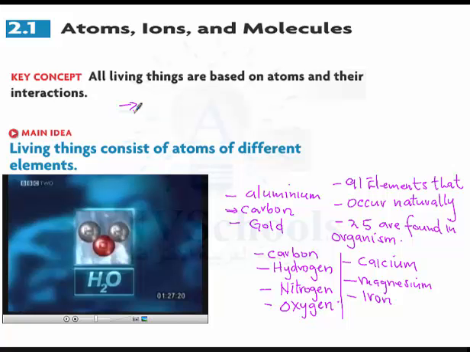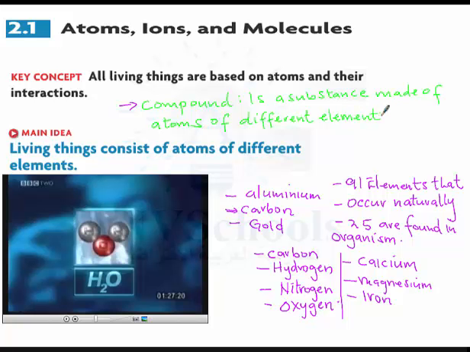So a compound is a substance made of atoms of different elements bonded together.